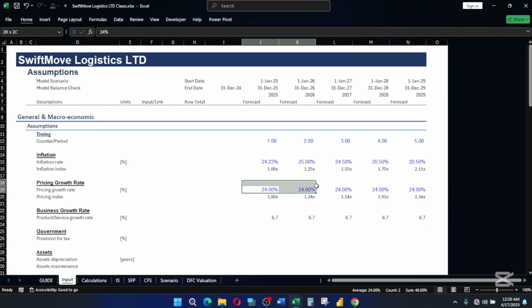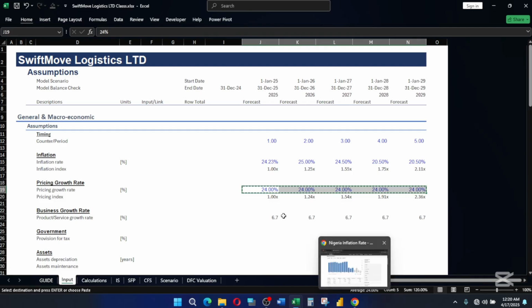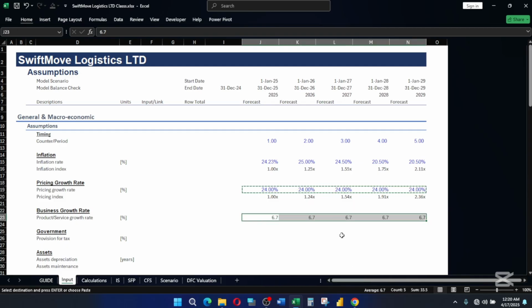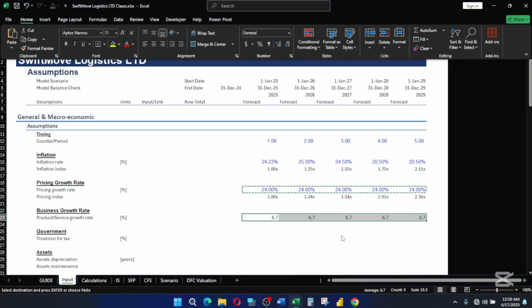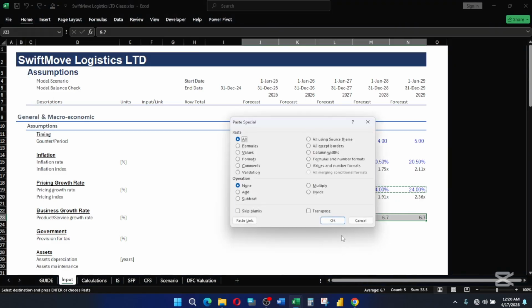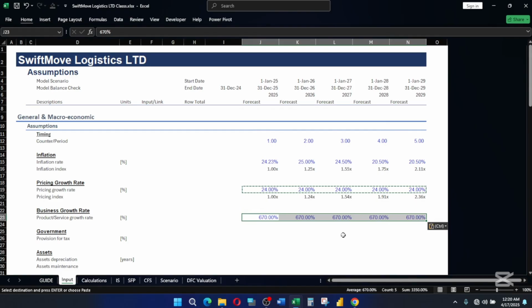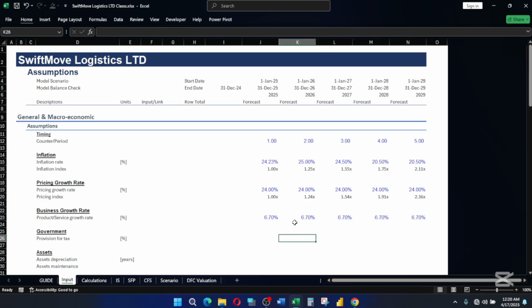So I'll copy this and paste the format in here, using Alt H V S T, then okay, because it's the same percentage. Right, so this is what we have. We have assumed that this is now the industry growth rate.